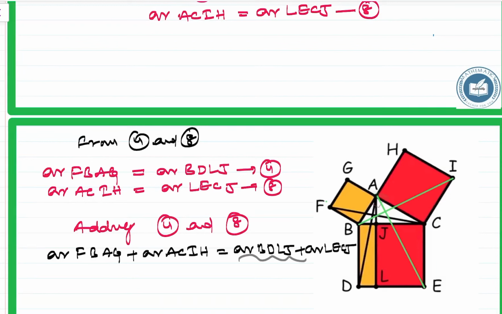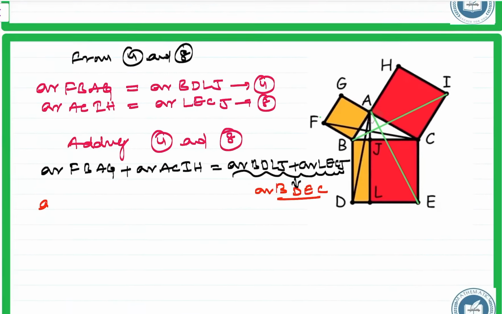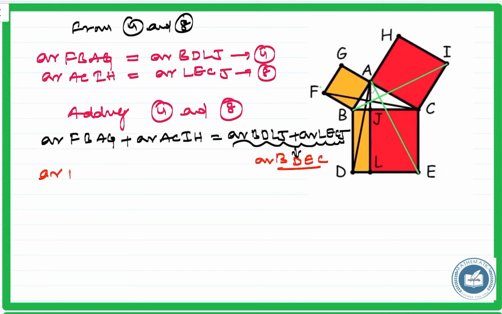Here this whole thing is equal to the area of BDEC. Therefore we can write the area of FBAG plus the area of ACIH is equal to the area of BDEC.